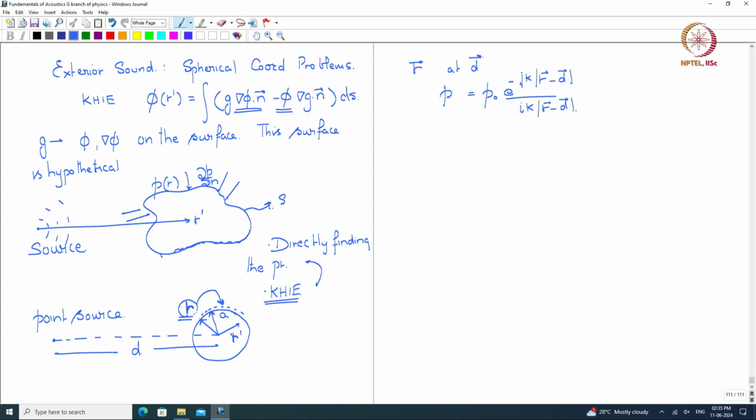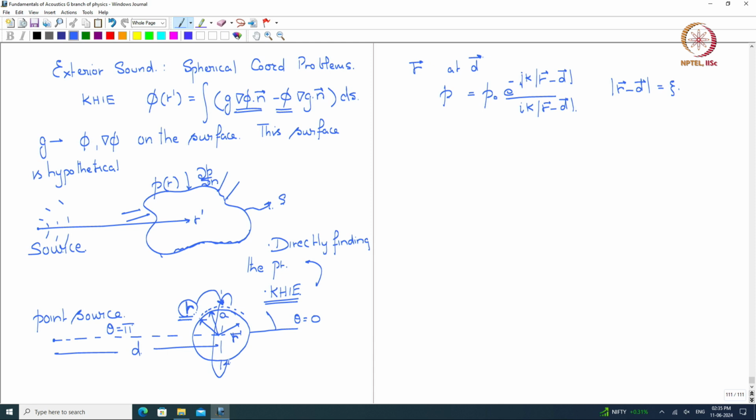Now I will set this entity R minus D equal to xi. And the scenario is this: this is a spherical coordinate, this is the theta, measured theta equal to 0, theta equal to pi over here, and this is the azimuthal coordinate.